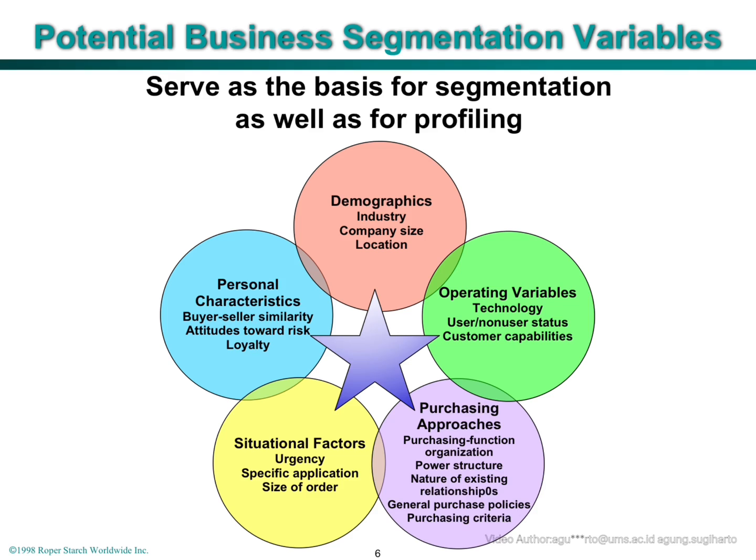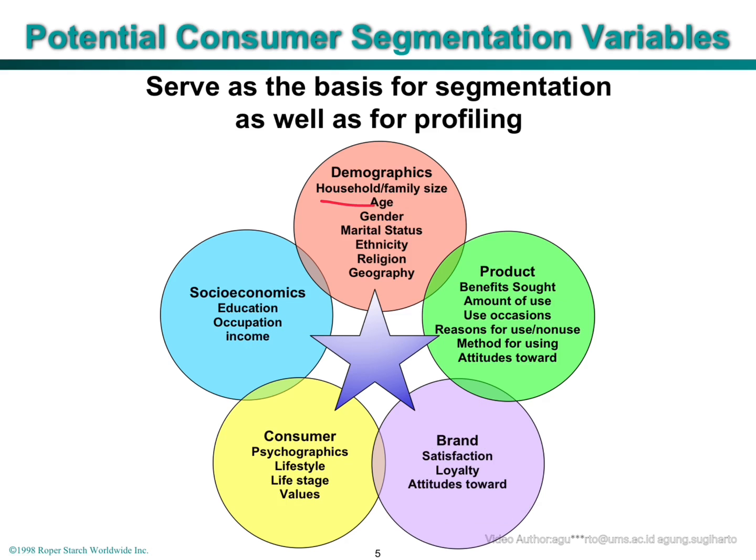Next is business segmentation, when our product is for business. For example, it is the raw material of another business. So we can segment our customers in business using a similar basis. This is similar to before, the demography.